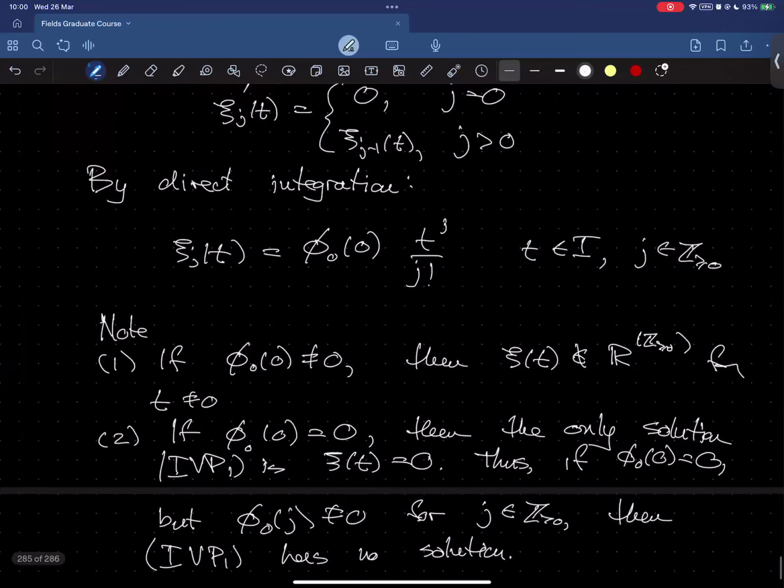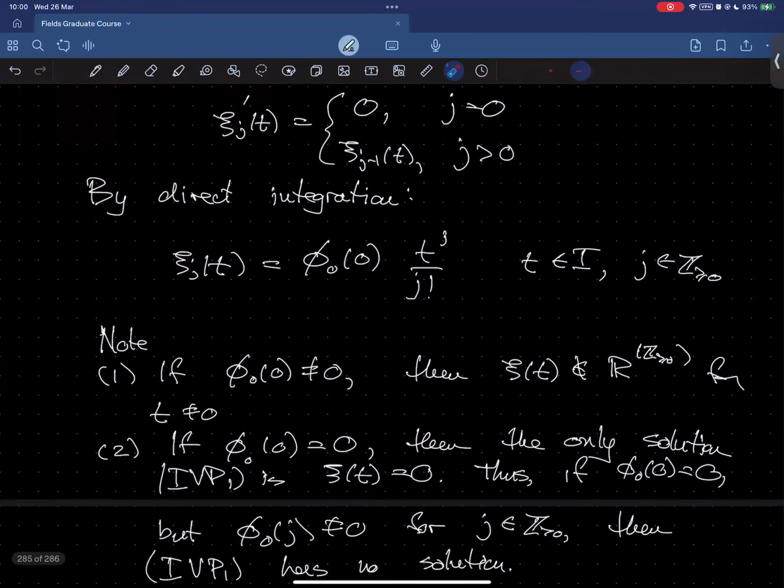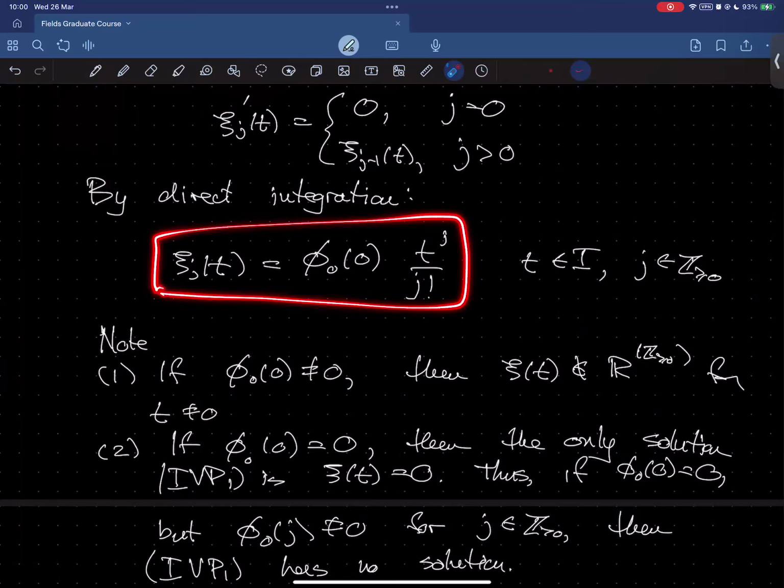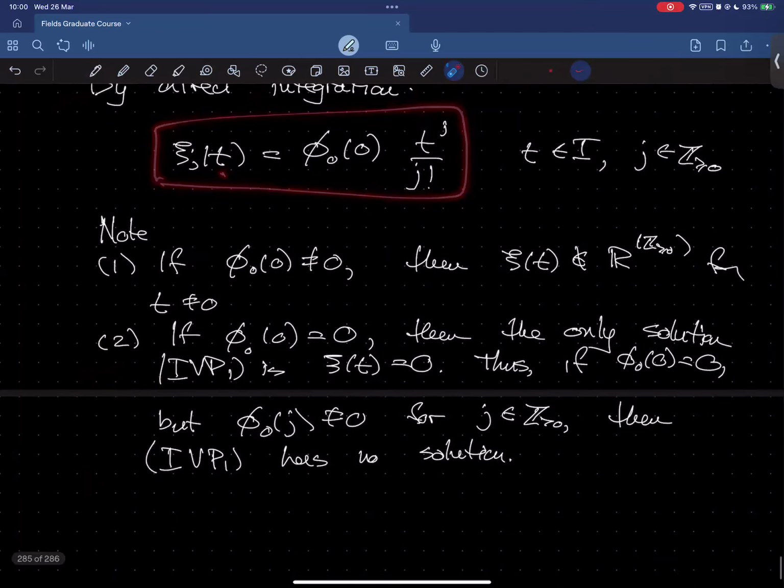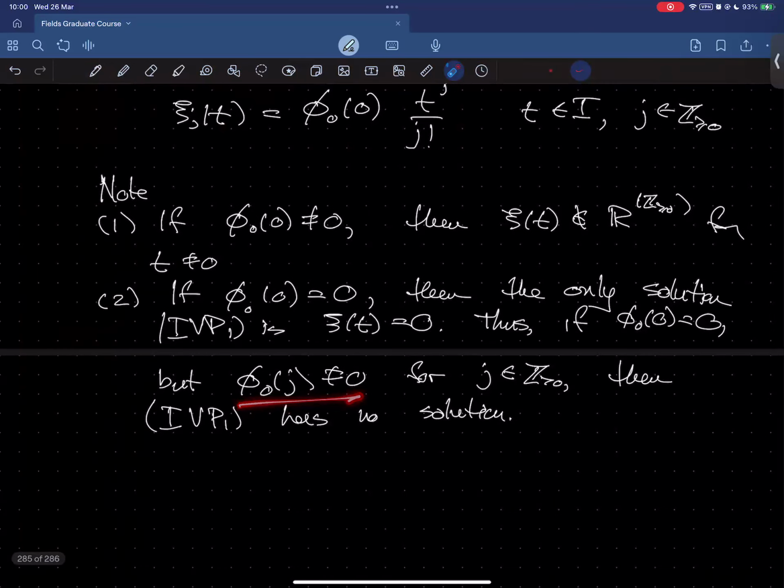Okay, because the initial condition cannot be satisfied by this solution, because the solution, when you evaluate it at t equals 0, will be 0. So it won't satisfy these initial conditions.